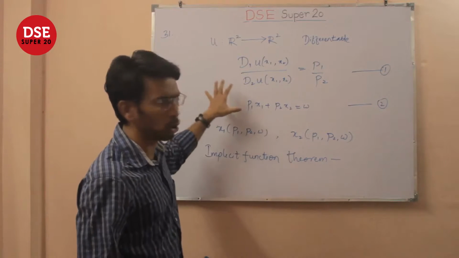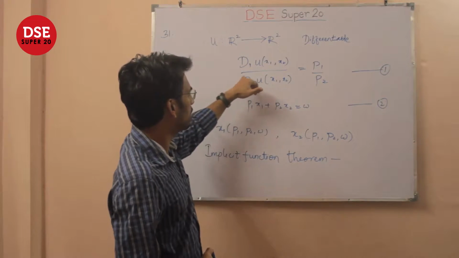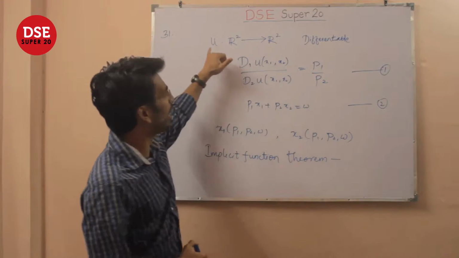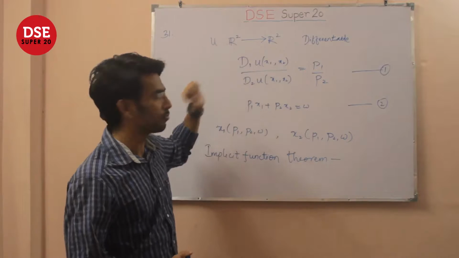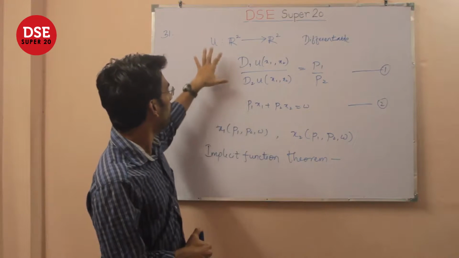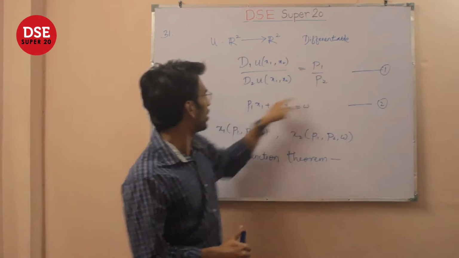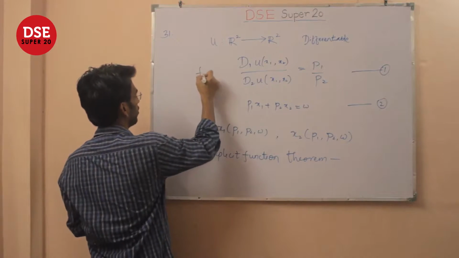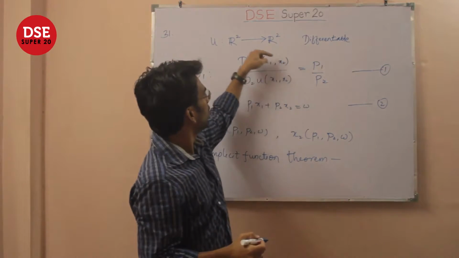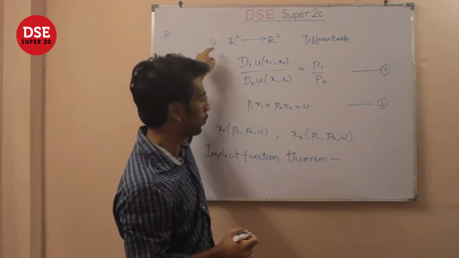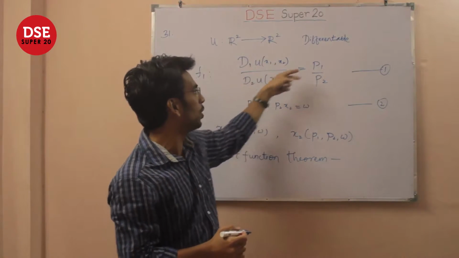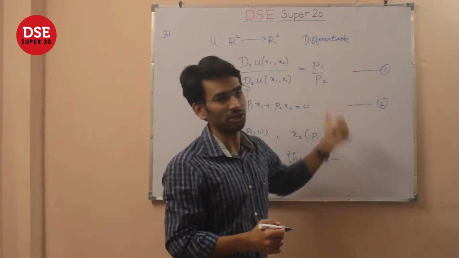Well, if you look at this closely, u can be understood to be a utility function of two variables, that is two goods. And this particular first condition, let's say f1, represents the ratio of marginal rates of substitution of u with respect to x1 and x2 equated with the price ratio.